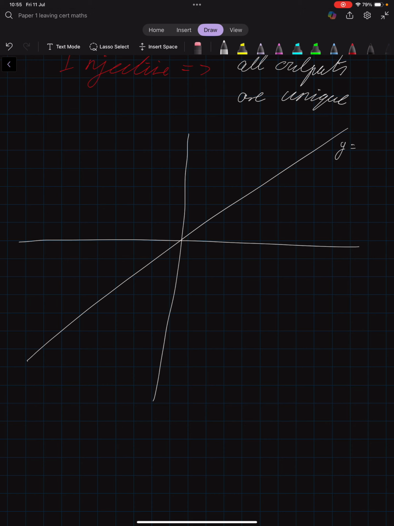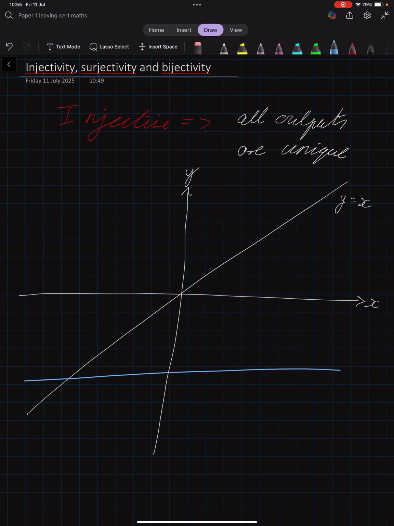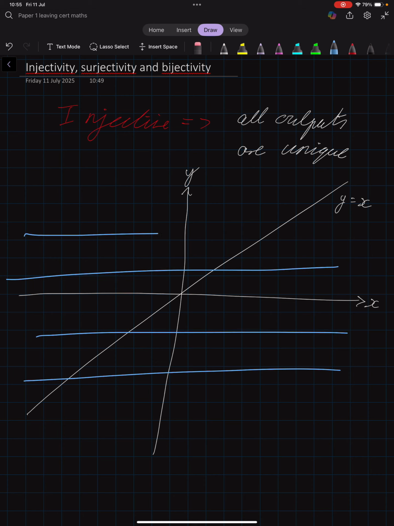Okay, the y equals x line. Remember, an input is what you put in. So x is what you put in, and the output y is what you get. If I do this thing called the horizontal line test, you just put horizontal lines, and for a function to be injective, you can only hit the graph at most once.